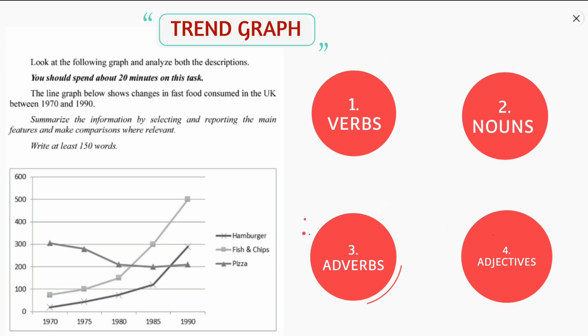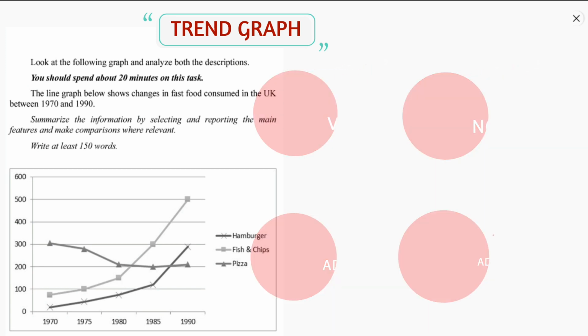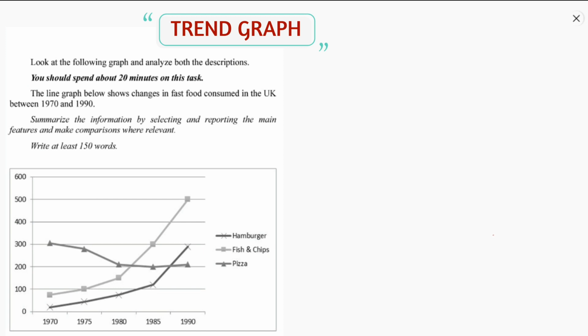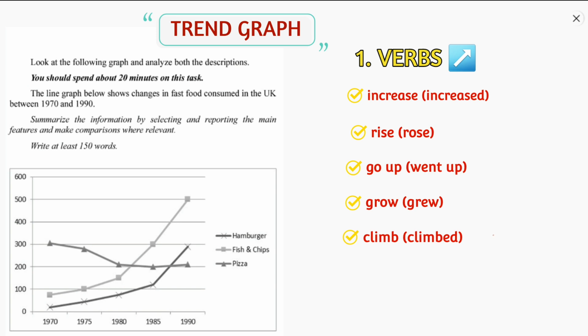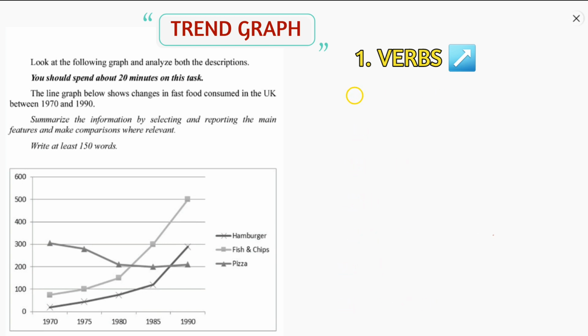So let's see what verbs and nouns you can use for an upward trend. Here, verbs for an upward trend: increase or increased, rise or rose, go up or went up, grow or grew, climb or climbed, surge or surged, soar or soared, rocket or rocketed.